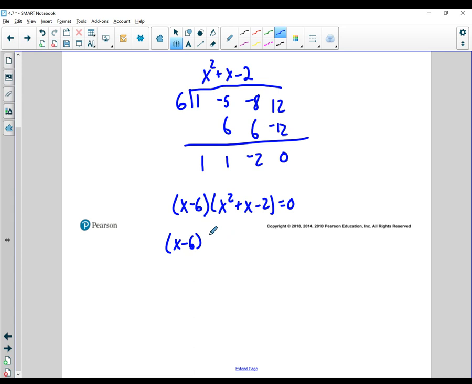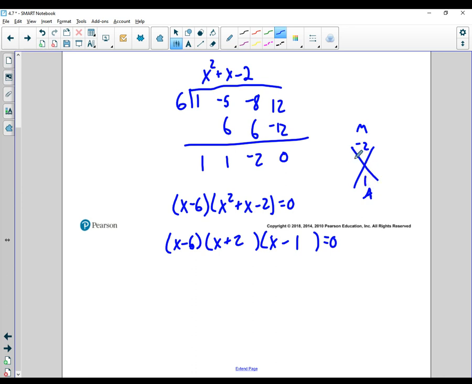And then if you get comfortable with it, right, you don't really need to do the diamond. You say what multiplies to negative 2 and adds to 1. Well, that'll be plus 2 and minus 1. Right? If you need to do this, that's fine. What multiplies to negative 2 and adds to 1? Right?